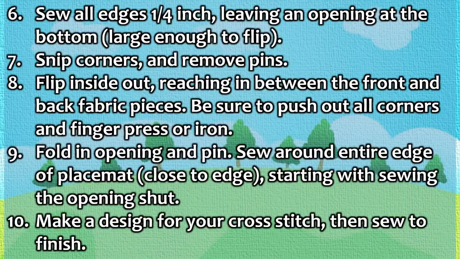Sew all edges 1/4 inch, leaving an opening at the bottom, large enough to flip. Snip corners, and remove pins. Flip inside out, reaching in between the front and back fabric pieces. Be sure to push out all corners and finger press or iron them. Fold the opening and pin. Sew around entire edge of placemat, close to edge, starting with sewing the opening shut.